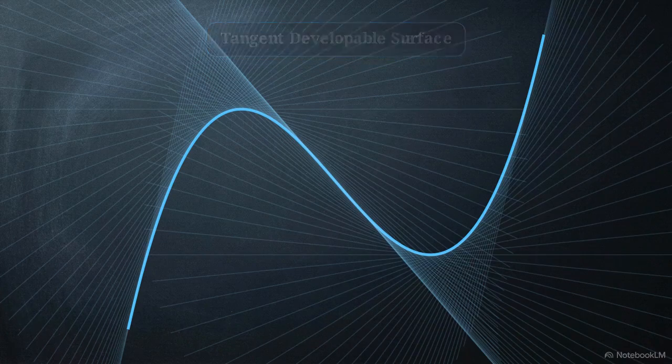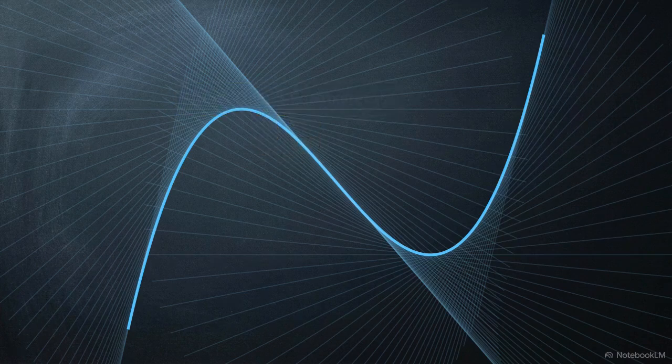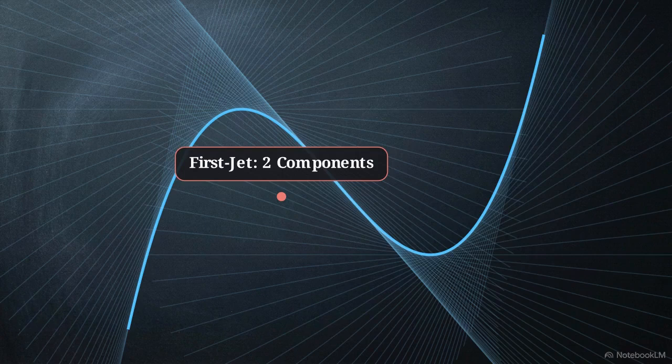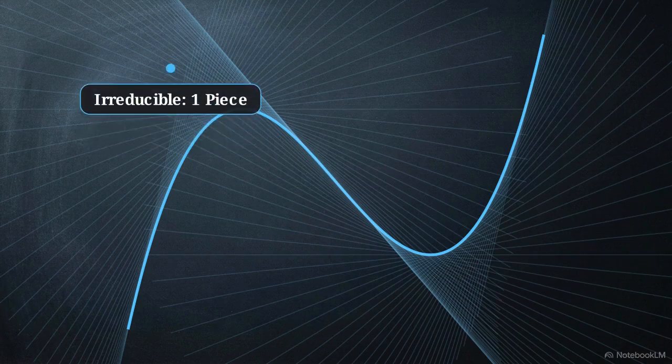When a functional has a catalecticant rank of 1, it sits directly on this central spine, splitting the divisor into 3 identifiable components. Moving to first jet functionals on the swept tangent lines, the divisor splits into exactly 2 pieces. Finally, genuine 2-point secants and higher rank functionals exist completely off this developable surface.